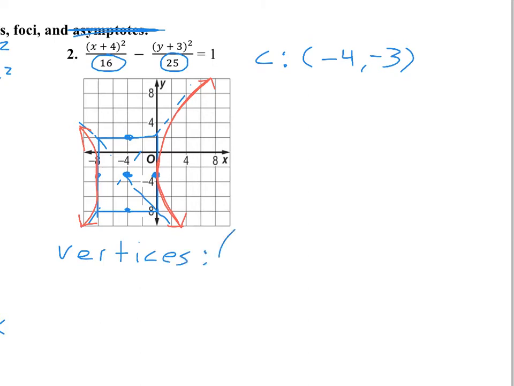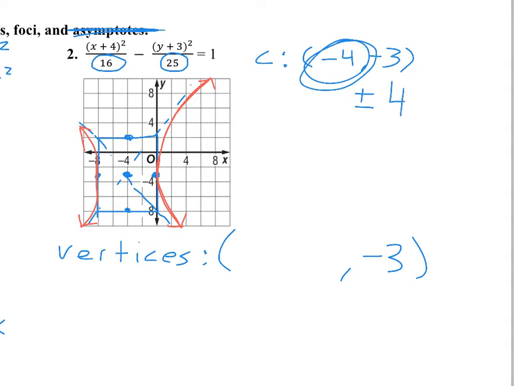Okay, so because this is horizontal, I'm going to leave the y-coordinate alone, but I'm not going to put 0. The y-coordinate was -3 from the center. Alright, so with the -4, we're going to add and subtract the a value. The a value is 4.